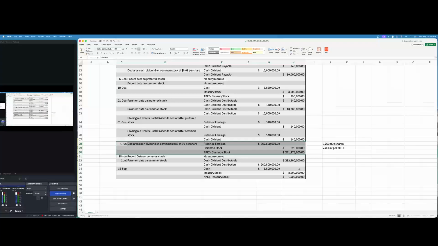They declared this cash dividend on common stock at 5% per share. If they don't give out a certain amount of money per share, and it says 5% per share, what that means is they are giving out 5 shares per 100 shares. It's not 5% of the par value or 5% of the market value.